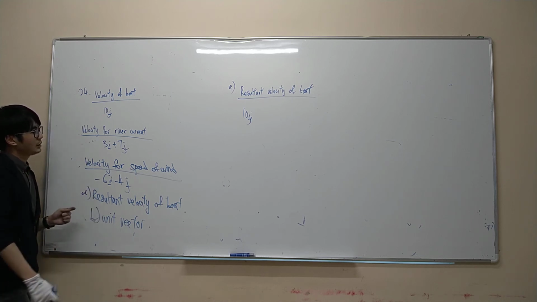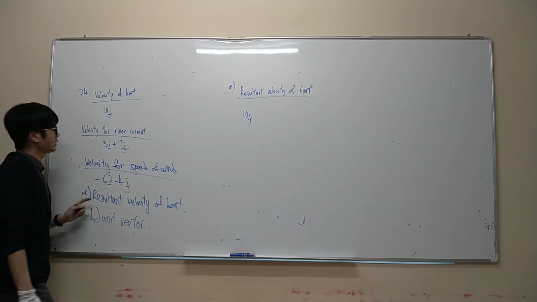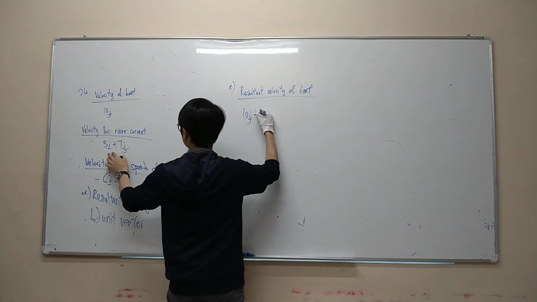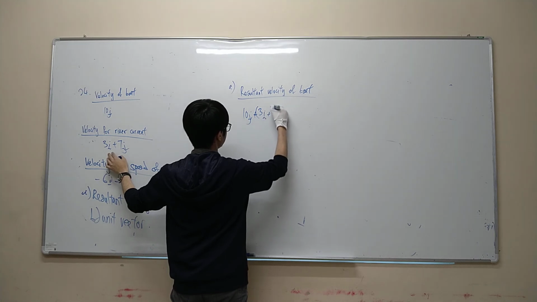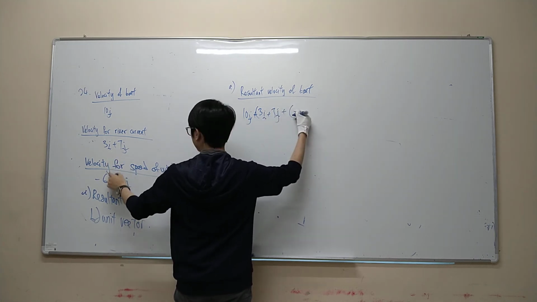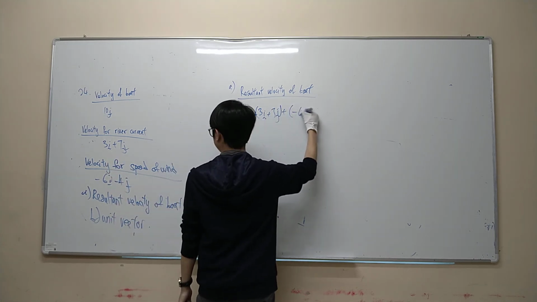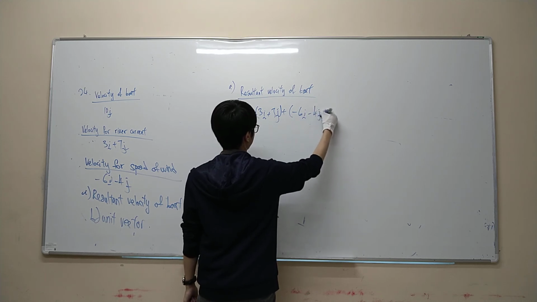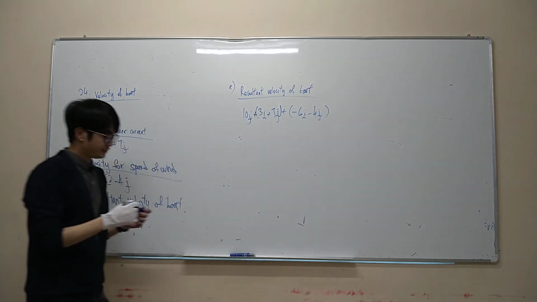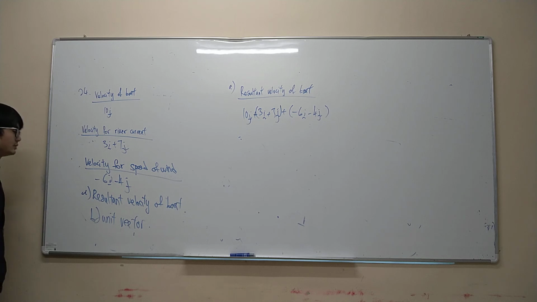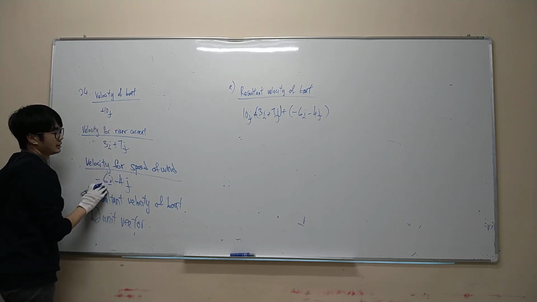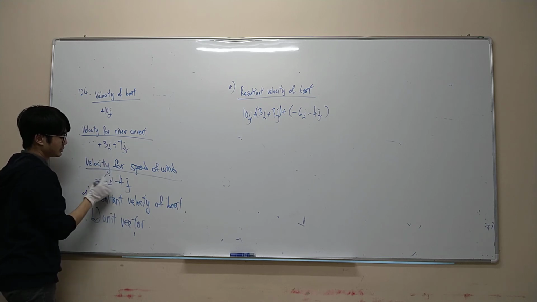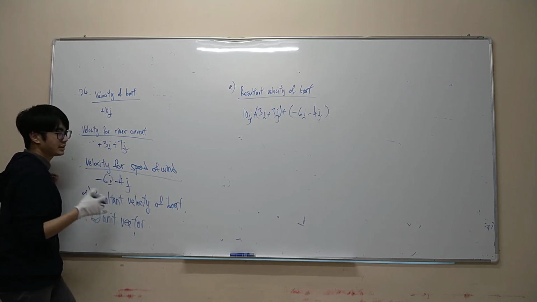So what you do is you have to add these two things. The 4i plus 10j you have to add with 3i plus 7j, and you have to add with negative 6i minus 4j. Alright? So if you look here, this is positive 10, this is positive 3, positive 7, and this is minus. Alright? So let's think about this.